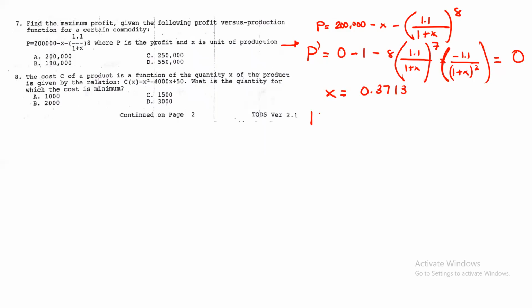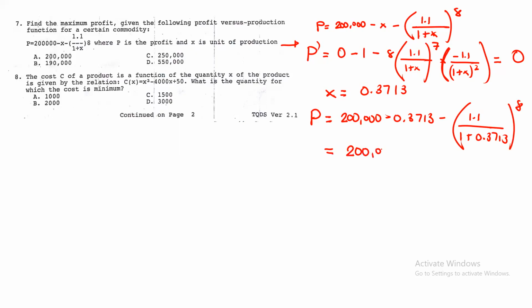So we substitute it into P: 200,000 minus 0.3713 minus (1.1 over 1 plus 0.3713) raised to 8. We get almost 200,000.